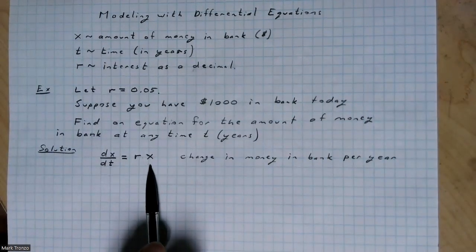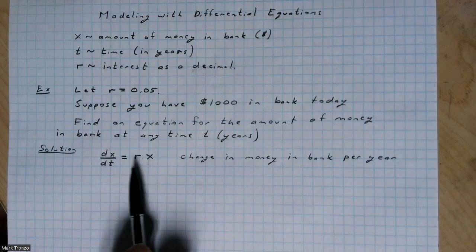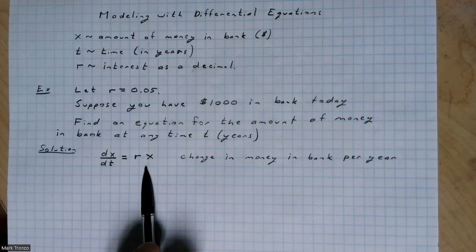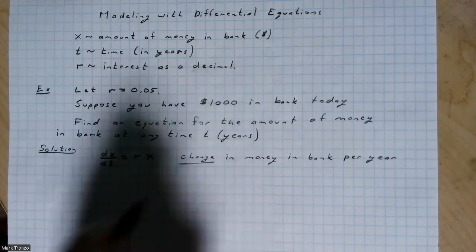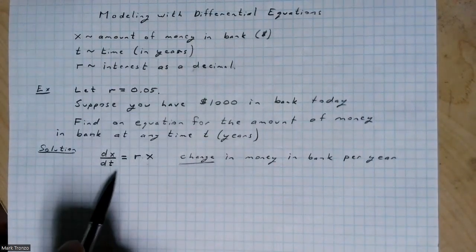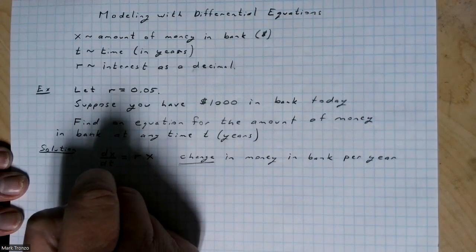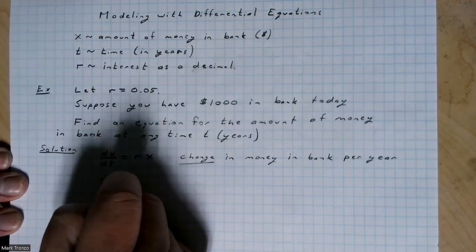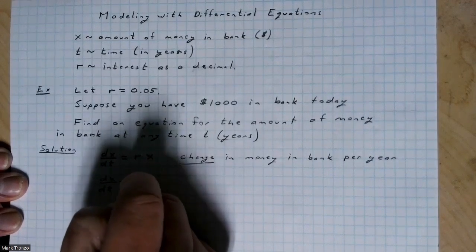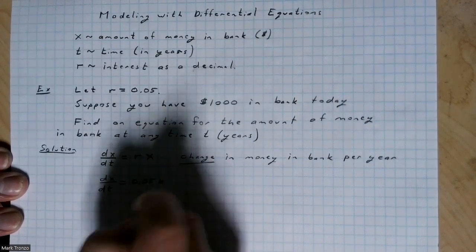So it's going to be whatever is in there at a particular time times the interest rate. That's how much it's going to change. Not the amount that's going to be in there at any particular time, but the amount of change. Now, in our particular case, we have 5% interest, so we're going to put a 0.05x here.